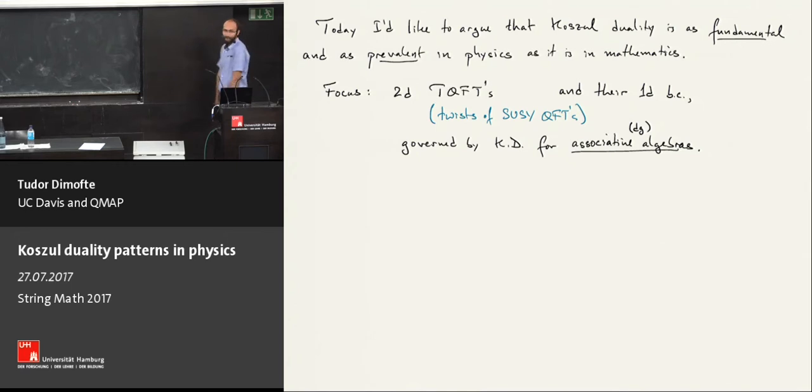My focus is going to be Koszul duality of associative algebras, more generally DG algebras, and how they're related to boundary conditions in two-dimensional TQFTs, and specifically, not just TQFTs on the nose, but things like twists of supersymmetric theories whose cohomology is topological, but have more interesting structure there.